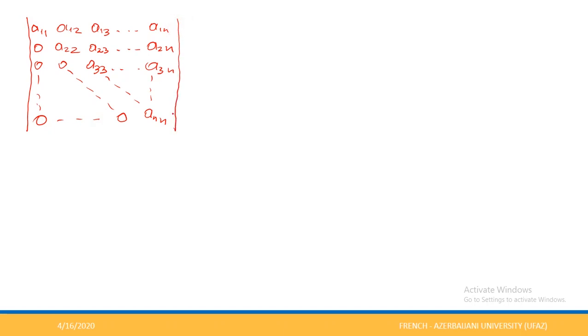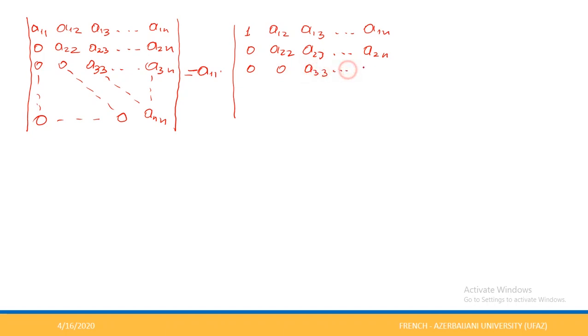Okay, this is an upper triangular matrix. Here first, over this column we use the linearity for the determinants. It will be a11 times the determinant of 1, a12, a13, a1n, 0, a22, a23, a2n, 0, 0, a33, a3n.